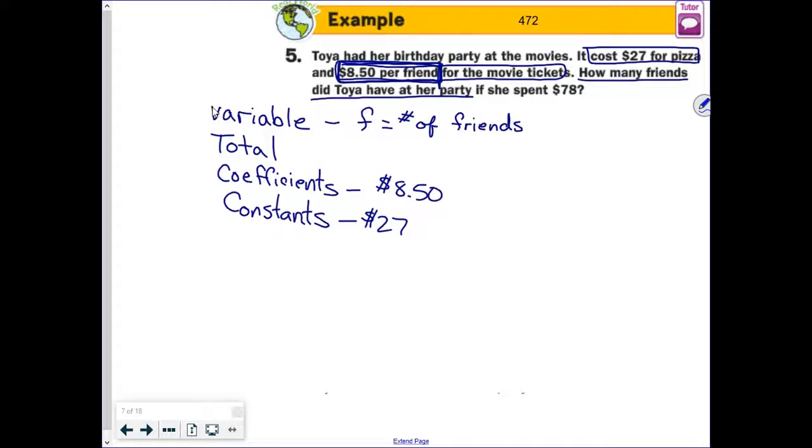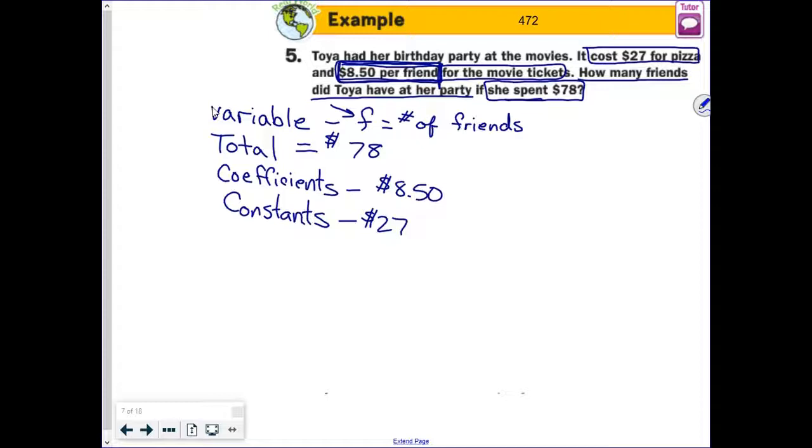So we know that we're going to multiply that times our variable f, the number of friends, which leaves us only the total. It says Toya spent $78. Okay, that's the total amount that she spent. So $78 is going to be our total.